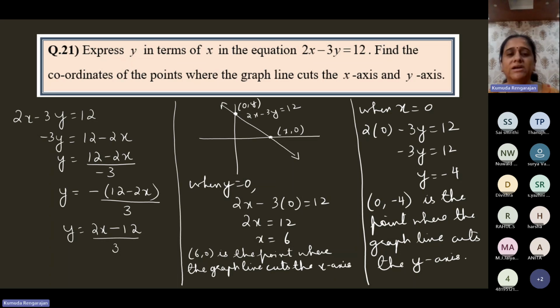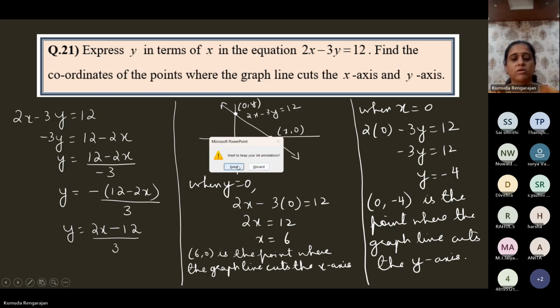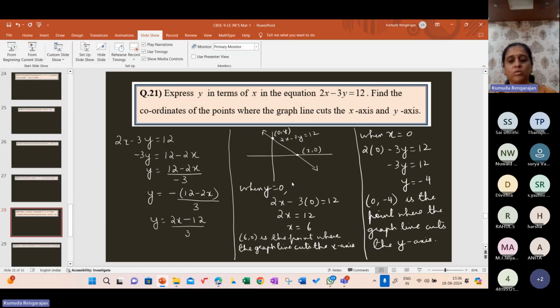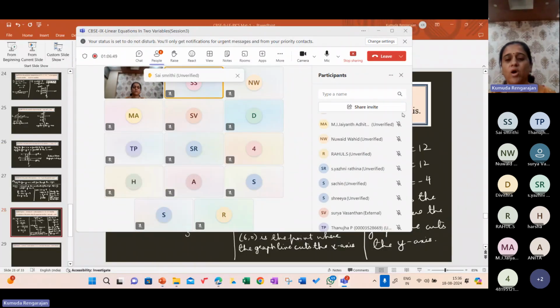Have you learned to make graphs in this chapter, linear equations? Yes, ma'am. Yes, all of you. How many of you have not learned making graphs? If you have not learned the chapter in school, then you wouldn't have learned how to make the graphs.